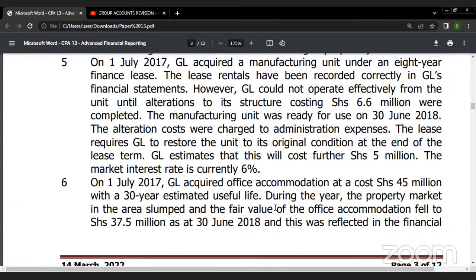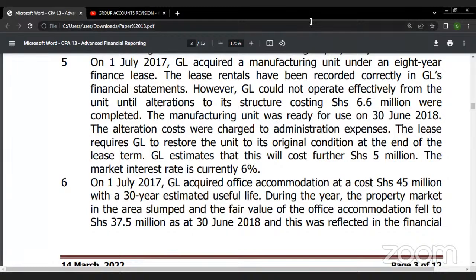Still, when you go back to IAS 16, property, plant and equipment, when we are computing the cost of an item of PPE, you'll see that the initial estimate of the cost of dismantling and restoring the site on which the asset is located should be capitalized according to IAS 16. So we have an estimate of how much?